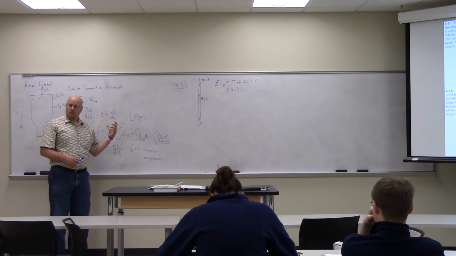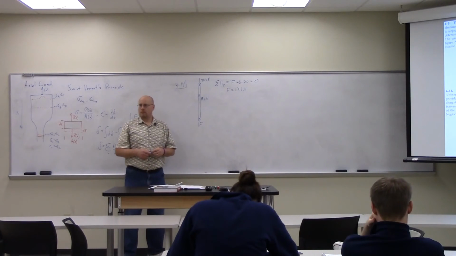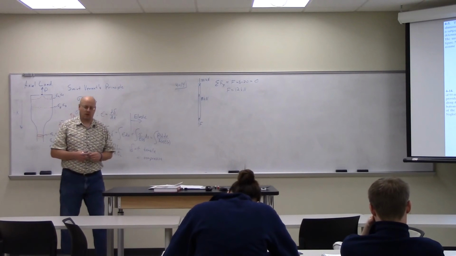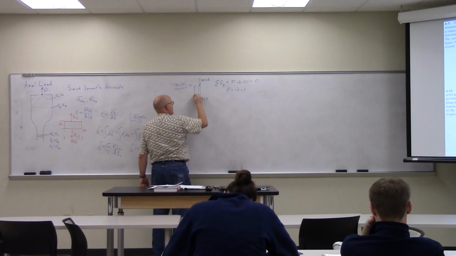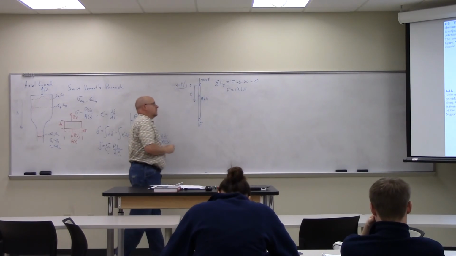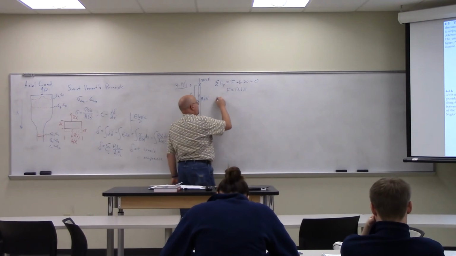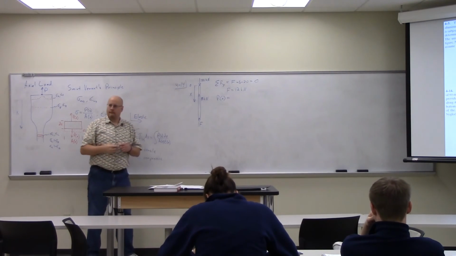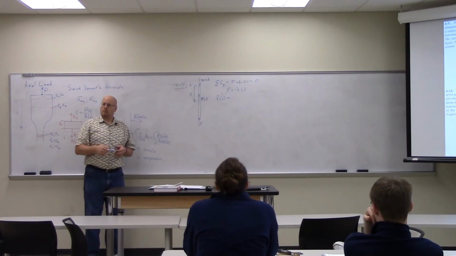What's X? Where's X zero? We can say X equals 0 at the top, and positive X is down. So, P of X equals 8 kilonewtons?